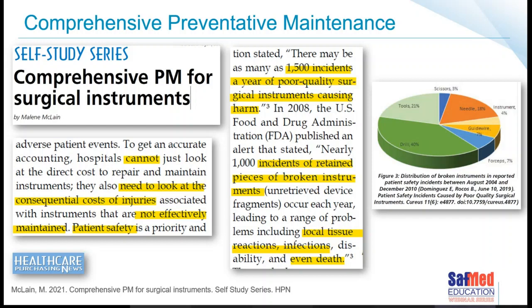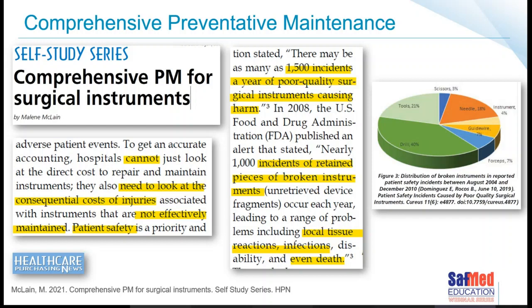The article goes on to quote some FDA publications and FDA statistics that were quite scary. I was not aware of this, and it made me quite nervous, I must say. There have been as many as 1,500 incidents a year of poor quality surgical instruments causing harm.